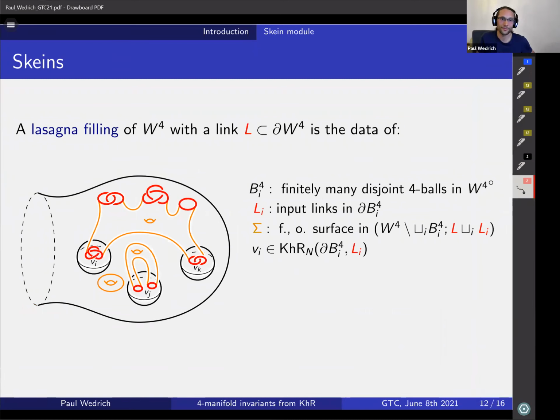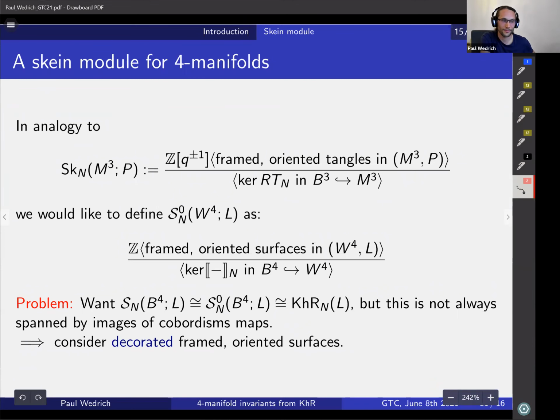Hey, Paul, this is Melissa. I'm just wondering, topologically, what does it mean that not all links, or maybe framed links, are spanned by images of cobordism maps from the empty link? Is there something obvious topologically that I'm missing? No, I don't think so.